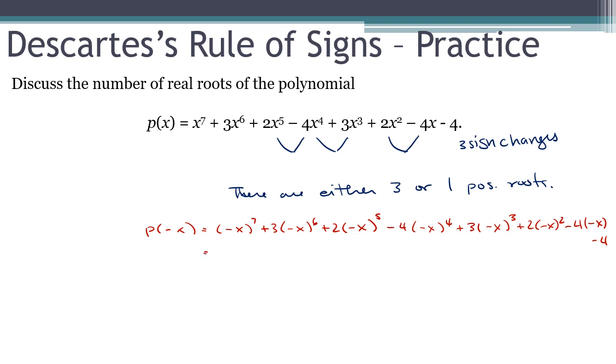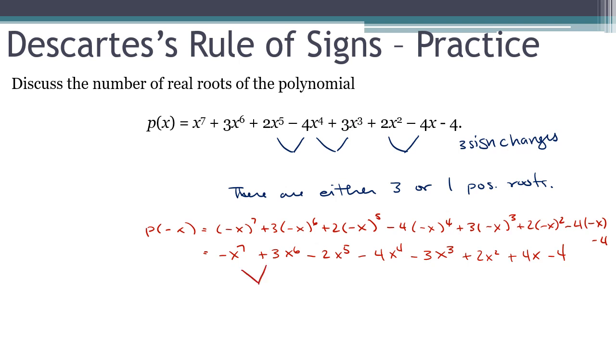So this becomes negative x to the 7th plus 3x to the 6th minus 2x to the 5th minus 4x to the 4th minus 3x cubed plus 2x squared plus 4x minus 4. Now that I know my pattern, I'm going to do a quick check against the original. Only the odd exponents are changing sign. Good, that's what I expected to happen.